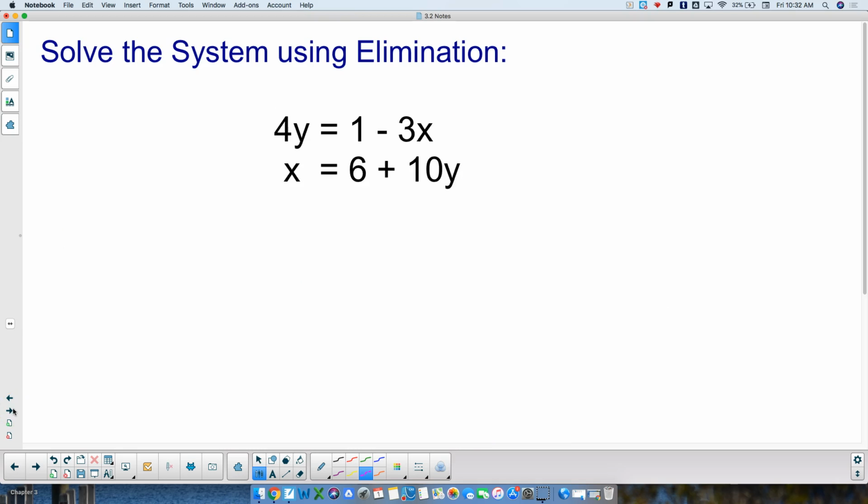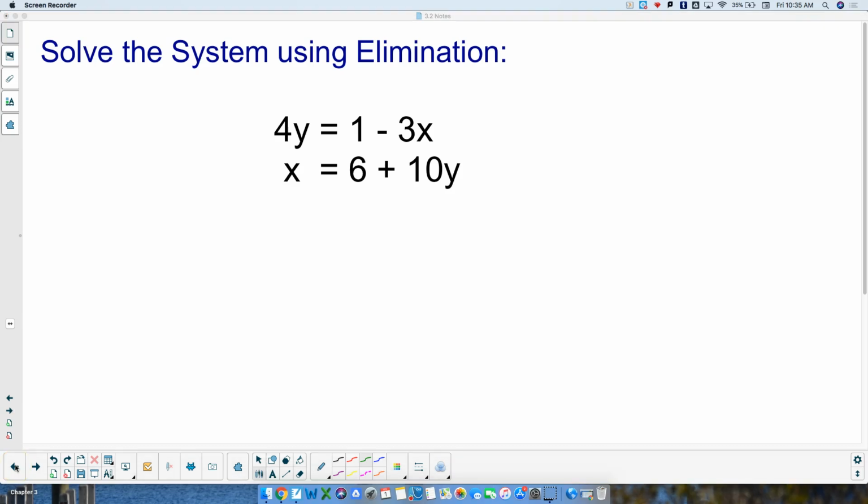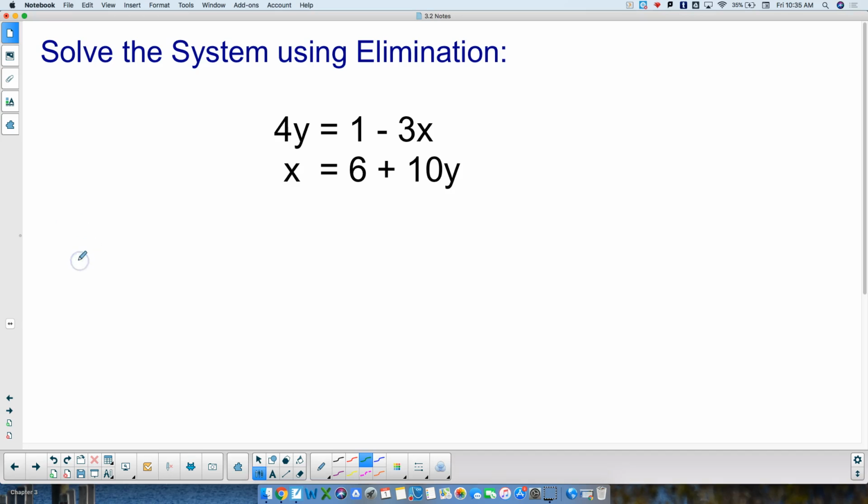Try this one using elimination. First thing, on the first equation, I would move the negative 3x from the right side to the left side. And on the second equation, I'd move the positive 10y from the right side to the left side.